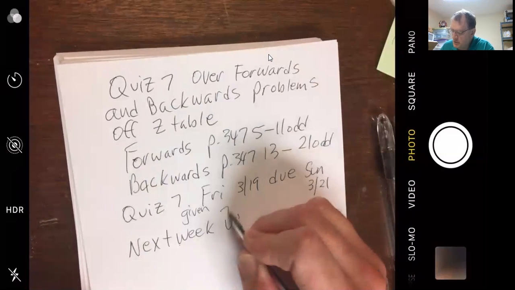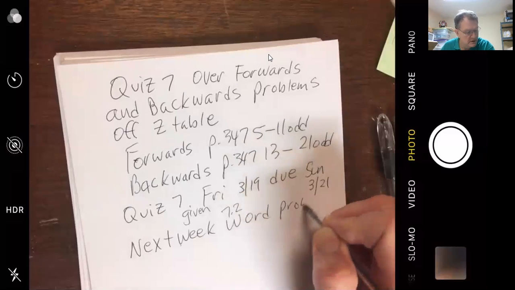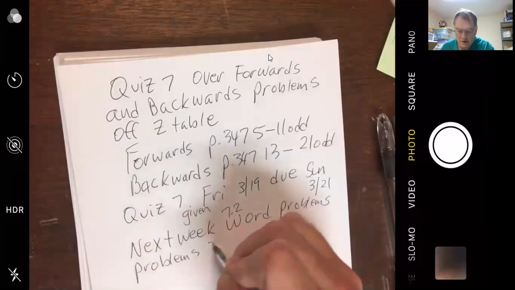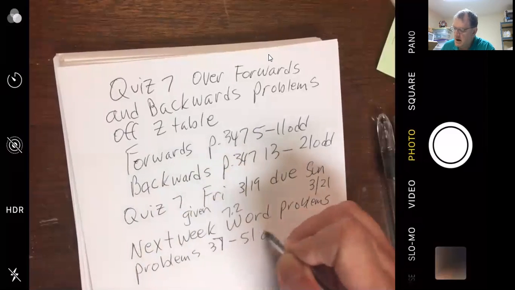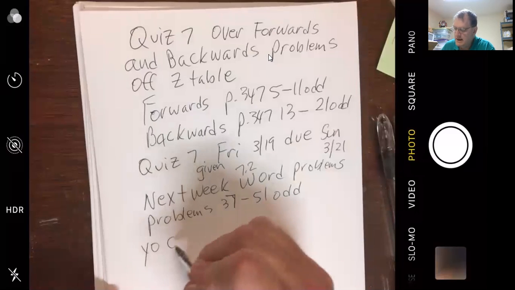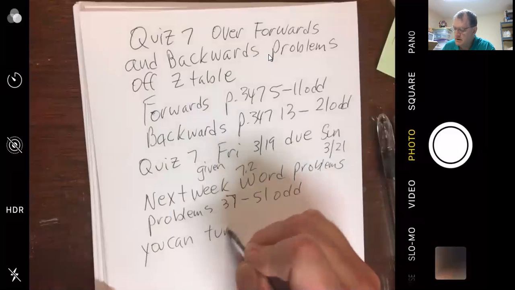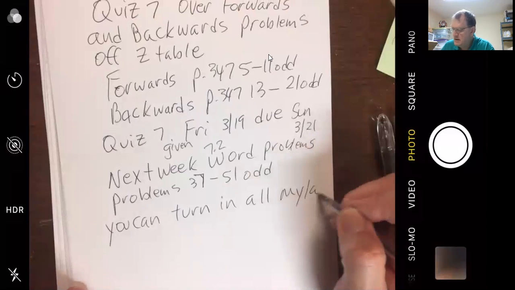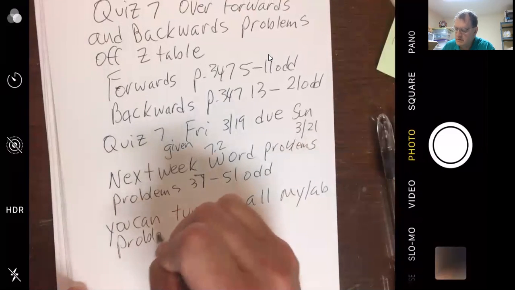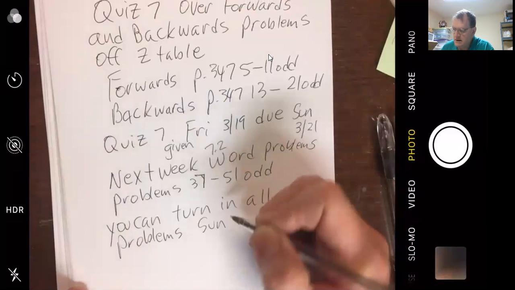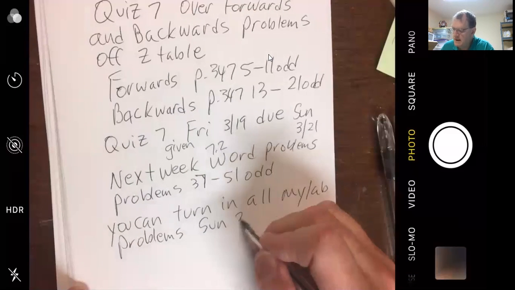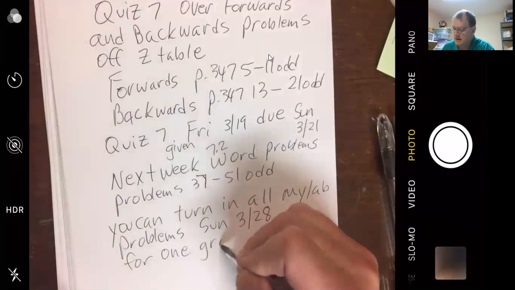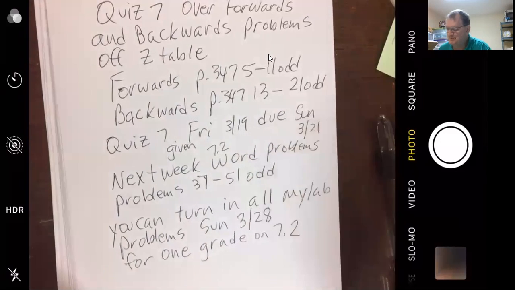Next week, word problems, 7.2 word problems, problems 37 through 51 odd. You can turn in all MyLab problems Sunday's 321, 328 for one grade on 7.2.